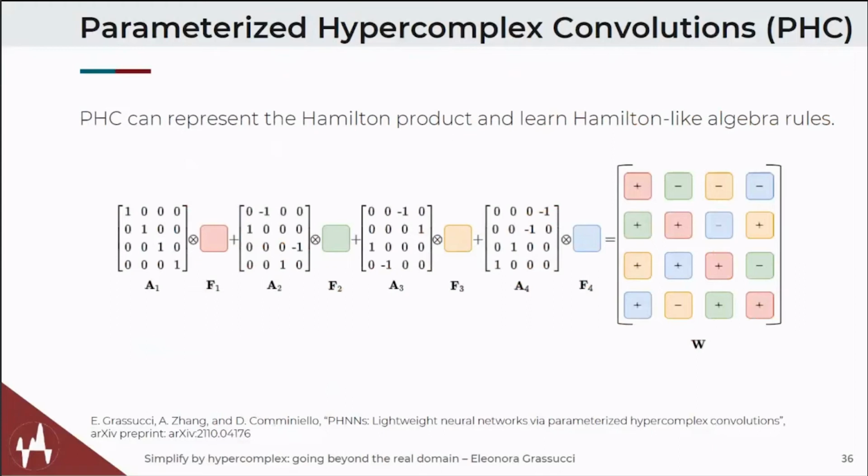You can see that with the sum of Kronecker products, we can build the matrix W, and if you remember, the matrix W is exactly the same as the one for the Hamilton product. We can build the Hamilton product by a sum of Kronecker products.